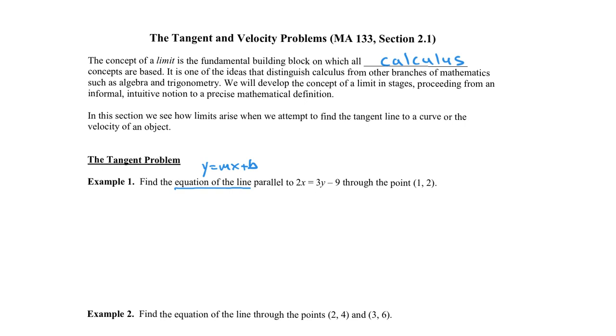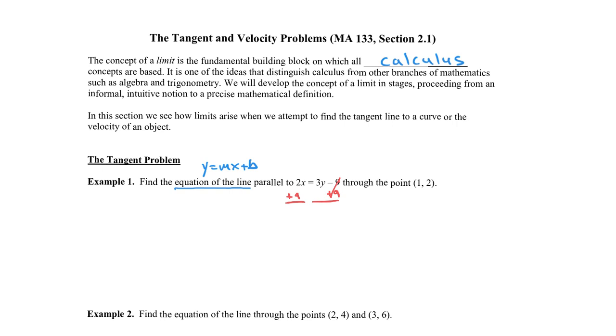In order to do that, we could just solve this equation for y. If we solve this for y, it will also be in slope-intercept form, and then we can just look at the slope. To solve it for y, we need to get y by itself. Just think of the good old days in algebra class. To isolate y, I'm going to add 9 to each side of the equation.